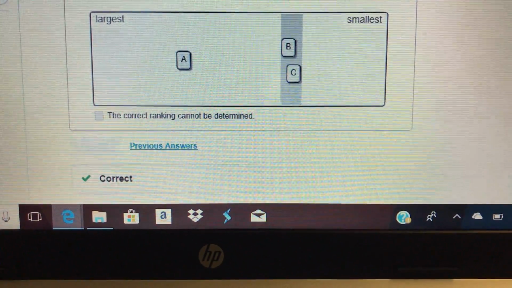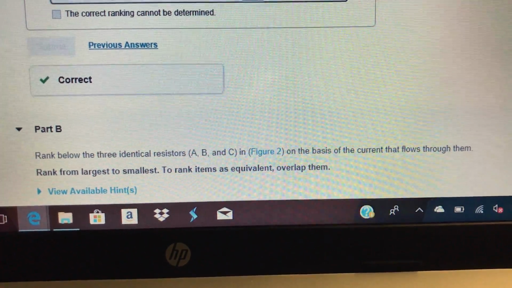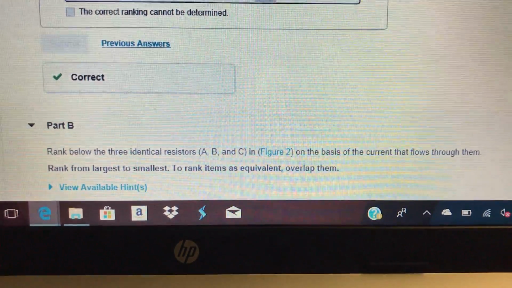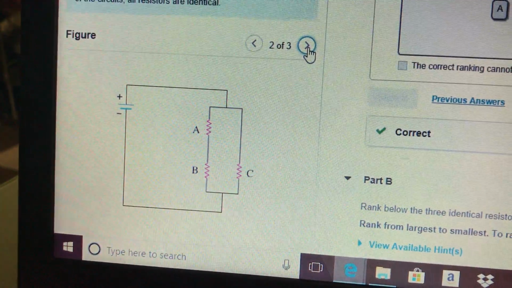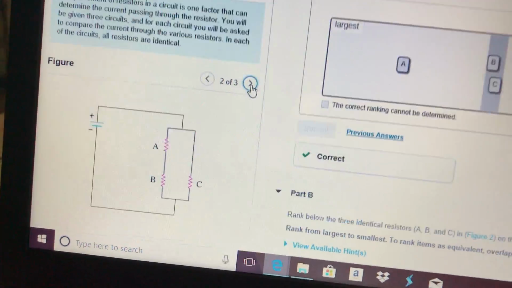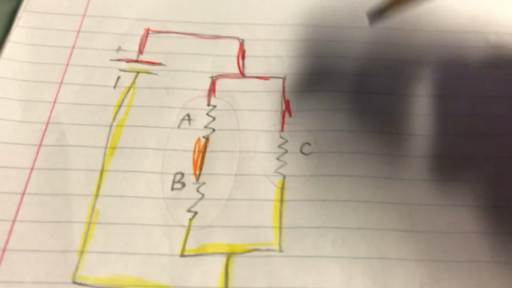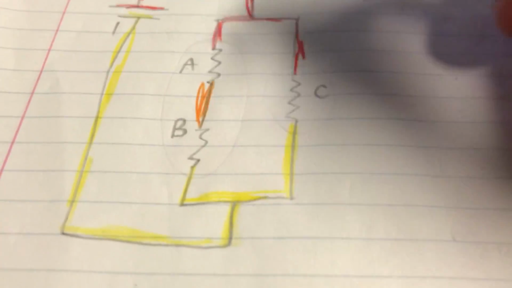Okay, now we will move to part B. It actually asks the same question, however now we have a new circuit, and it is this one. Yes, this is the new circuit, and I also draw it on paper and use color pencil to highlight the wires that have the same potential, like this.